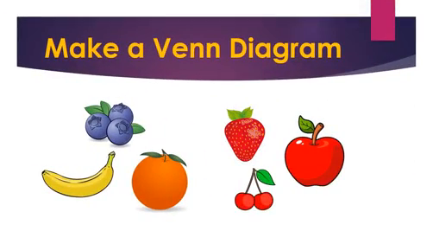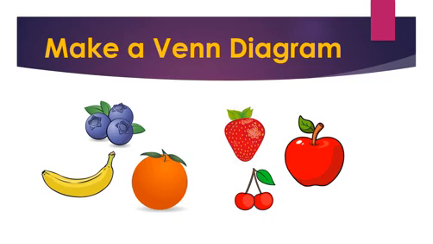Okay, kids, let's make another Venn diagram. Kids, I went to the grocery and I bought some fruits. Have you seen the fruits that I bought? Now I want to put them in the fridge and I want to group them. Can you make a Venn diagram?